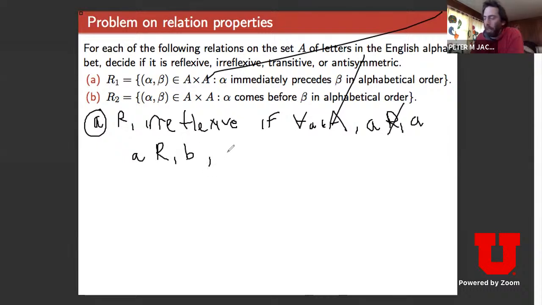And b precedes c, so b is related to c. But for this relation to be transitive, this would have to imply that a is related to c. That is not the case because a does not immediately precede c.